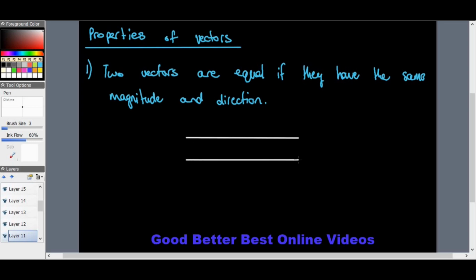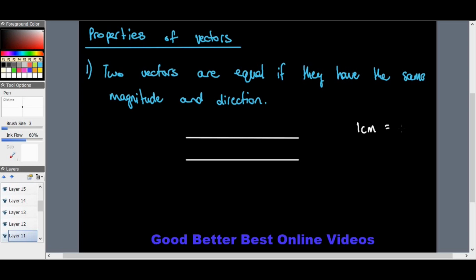Okay, so how do we represent a vector when we draw it? We obviously draw it with an arrow, and the length of the arrow when you're drawing a vector would represent the magnitude or the size of the vector, the value. And obviously we'd have a scale. So we draw on a page with a ruler, in centimeters, right?